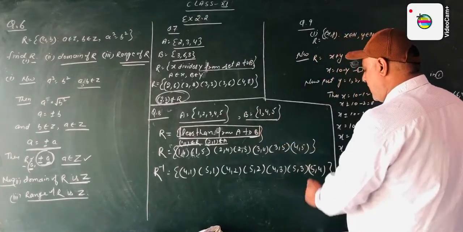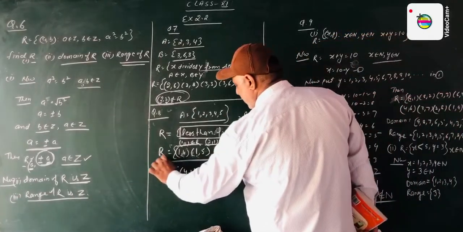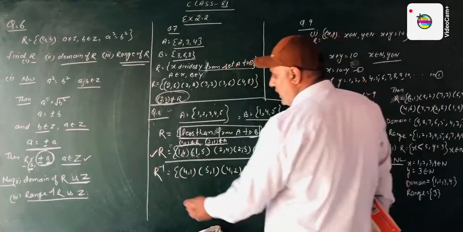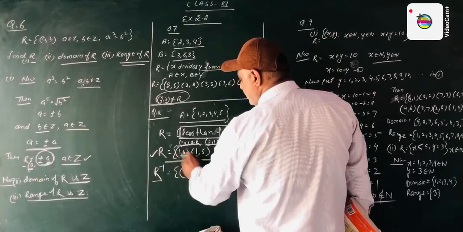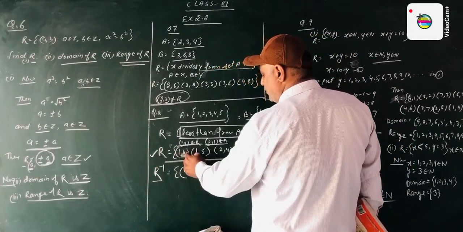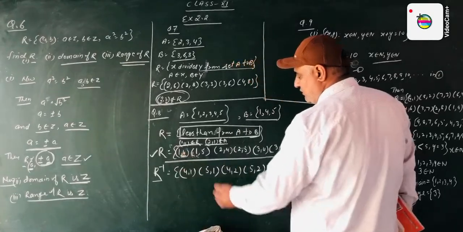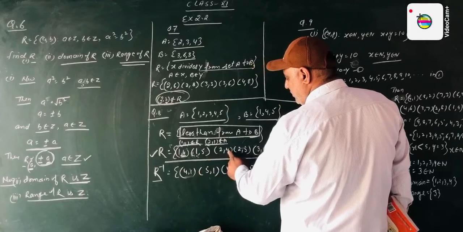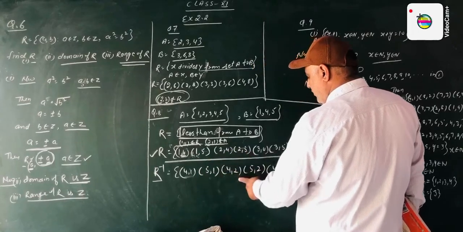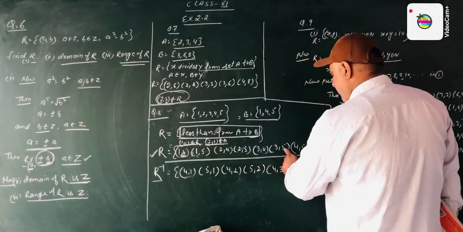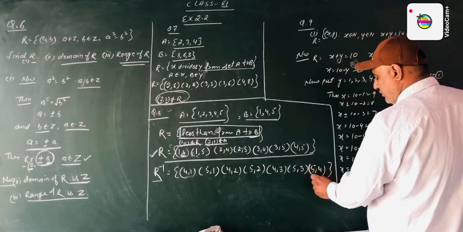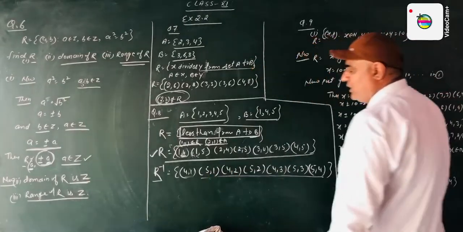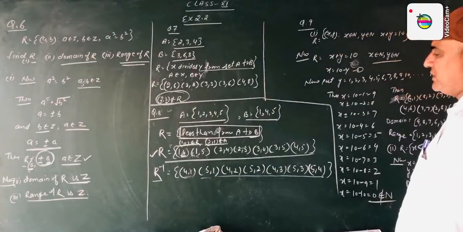This is R. Now we have to find the inverse of R. Inverse of R means the components change: x changes to y, y changes to x. Now this inverse is 4 1, 5 1, 4 2, 5 2, 4 3, 5 3 and 5 4. This is the inverse of R.